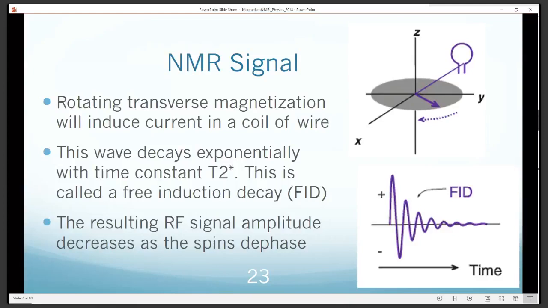And we'll explain what that is in a second. But the signal decays mainly due to dephasing of the spins. They all start out in what we call a coherent state, but then due to microscopic and macroscopic processes, there's dephasing of the signal across the sample, and the signal goes away.